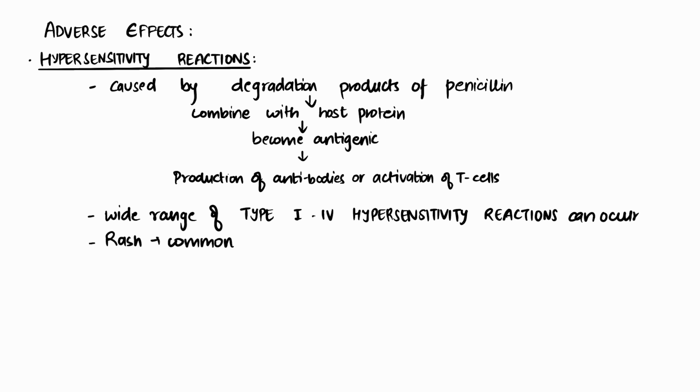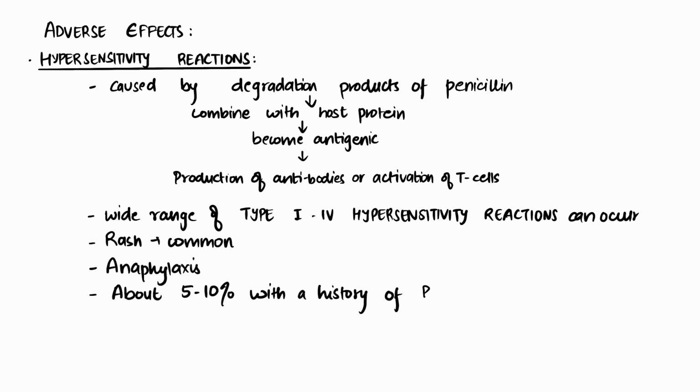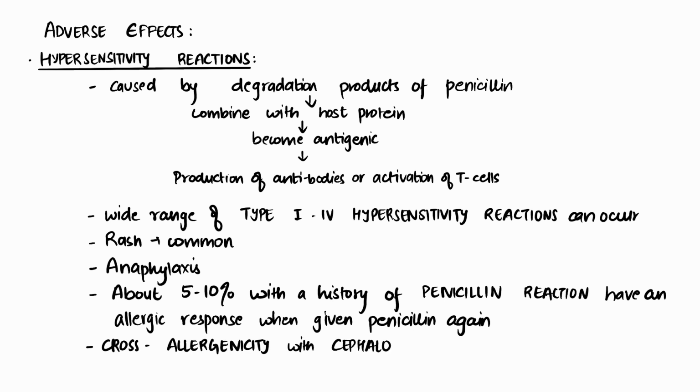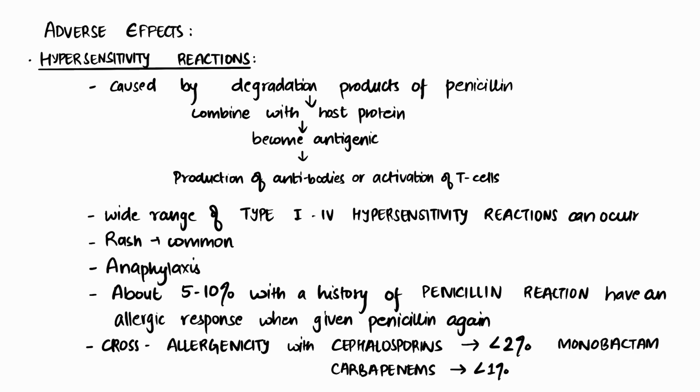Rash is a very common symptom. There can also be anaphylaxis, and about 5 to 10% of people with a history of penicillin reaction have an allergic response when given penicillin again. Cross-allergenicity with cephalosporins is less than 2%. With carbapenems, it is less than 1%. And there is no cross-allergenicity with monobactams.